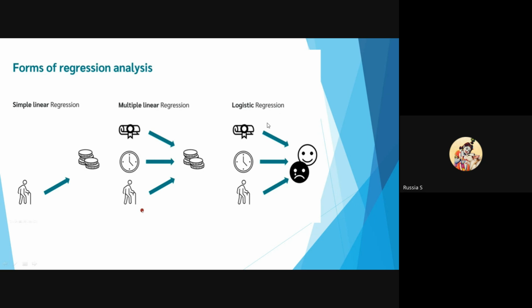Then logistic regression means classification. That is, based on the salary, whether the person is happy or not happy. So here there is a classification into more than one class, whereas in linear regression there is no classification, it only predicts values. Please go through this slide.